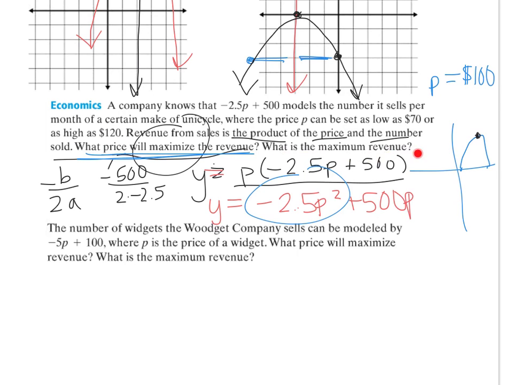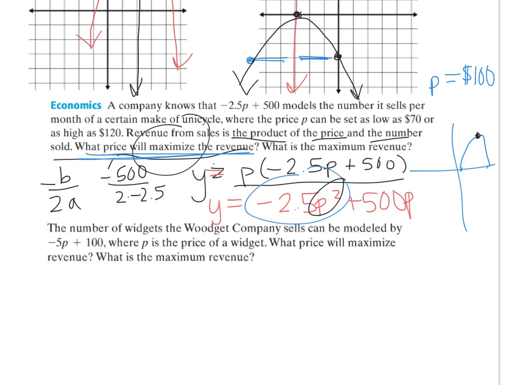So what is the maximum revenue? What you're going to do is you're going to plug 100 in for P. So you do 100 squared times negative 2.5, and then you're going to add that to plus 500p.